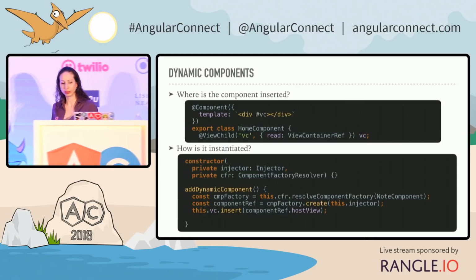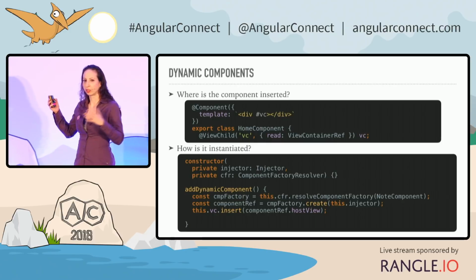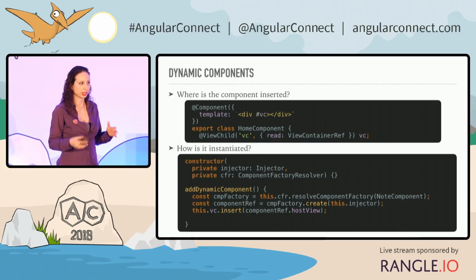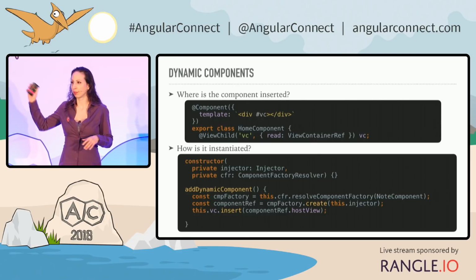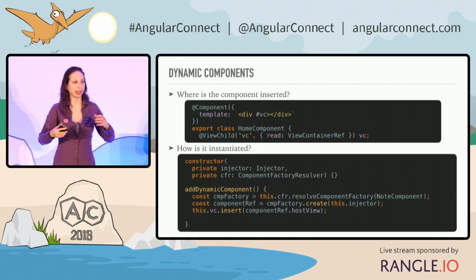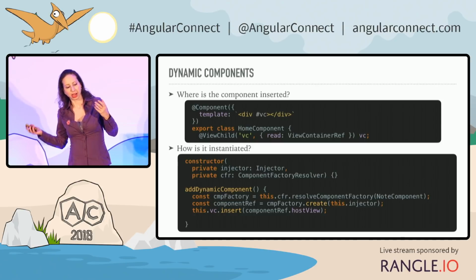Okay, so how do we do this? How do we insert the components? So we need a reference to the place in the template where we want to insert the dynamic components. So this is just one method to do this. I'm putting a reference VC, that's for view child, and then I hold this reference in the class as a view container ref.